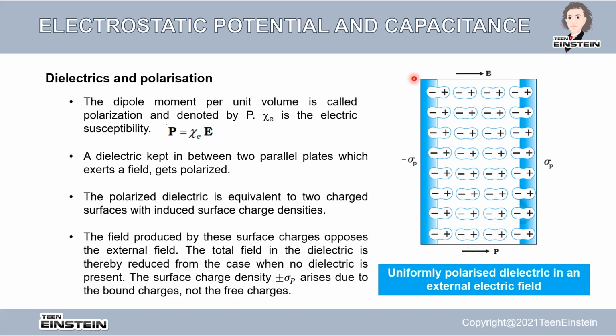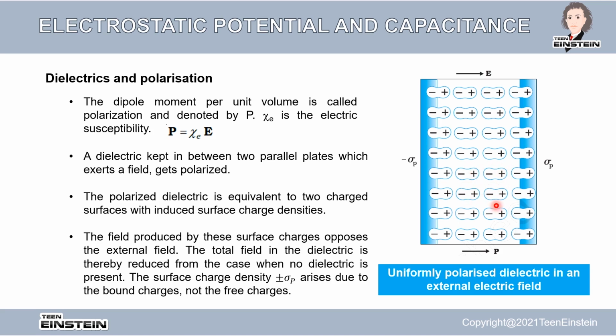So if you have a plate here and another plate here, here it will be positive charges, here it will be negative charges. Because of the field, the dipoles align in this way. If the dielectric already has permanent dipoles, then it aligns in this way. If you take any volume inside, the positive and negative charges are so close to each other that they cancel out, so the net charge will be zero.